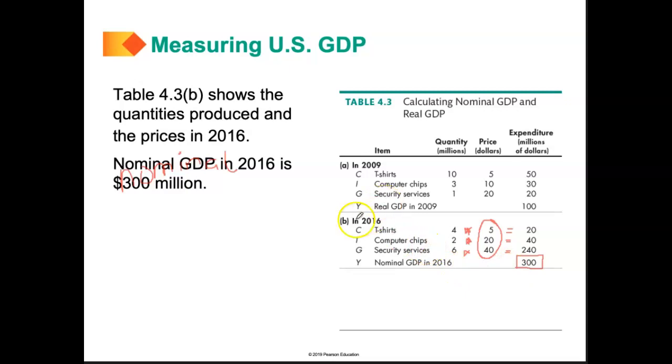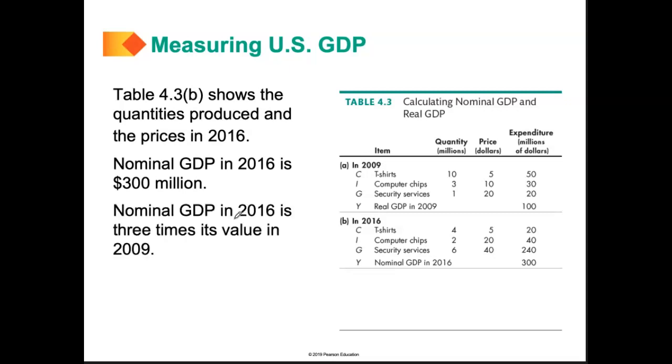Now this is where it gets interesting. How do we find real GDP in 2016? Remember, to calculate real GDP, you use the quantities in 2016 times the price in the base year.